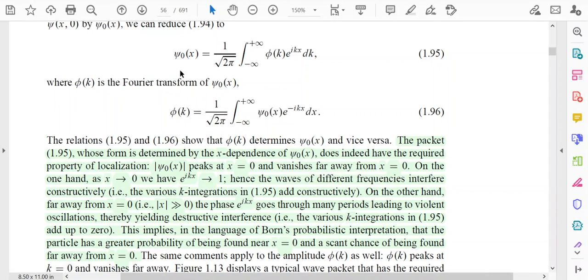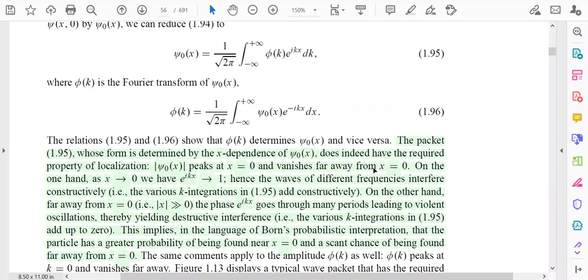It can be understood in this way: there is a function e to the power ikx in the integrand. If we take the mod value of psi_0(x), it peaks at x equal to 0, because at x equal to 0 the value of the exponential function is 1, which is maximum, and it vanishes step by step far away from x equal to 0.